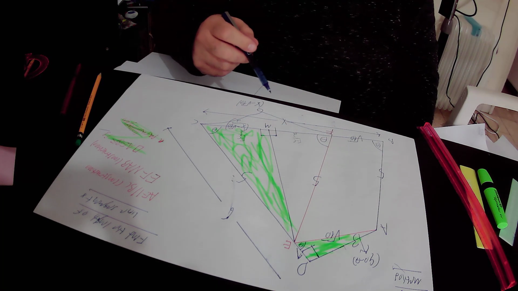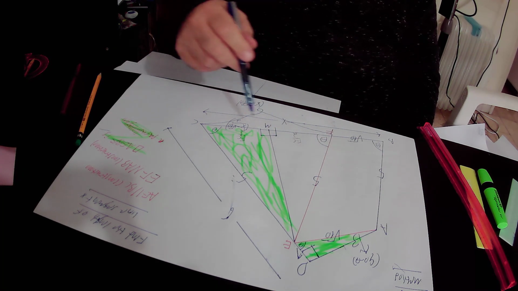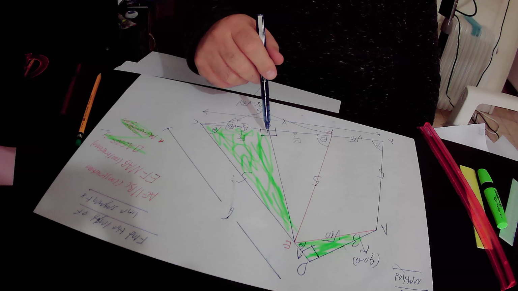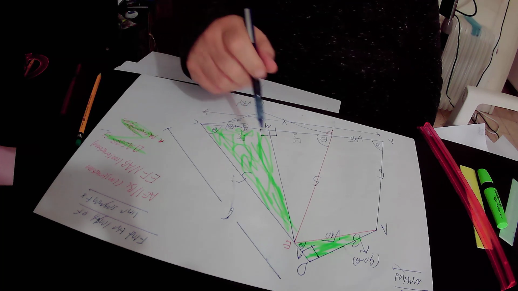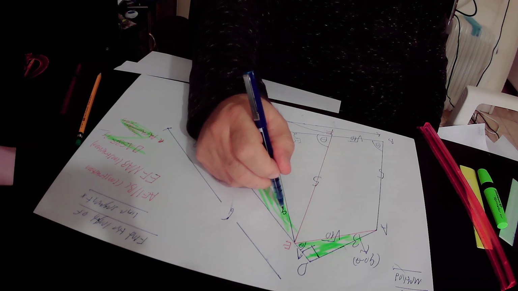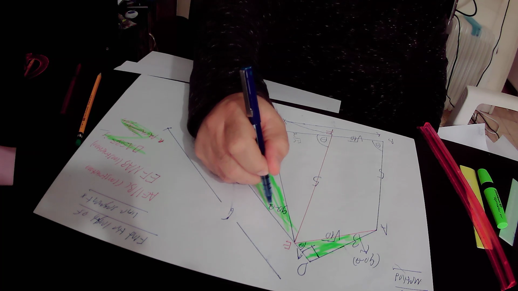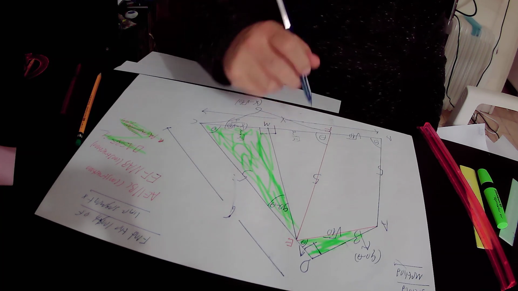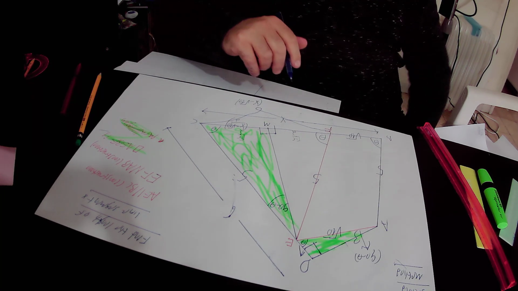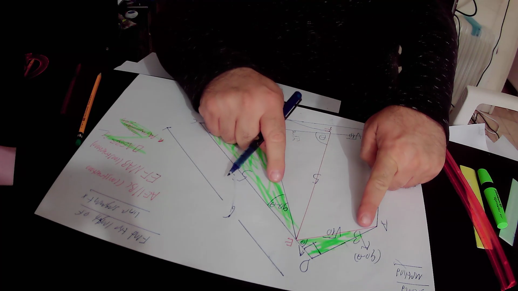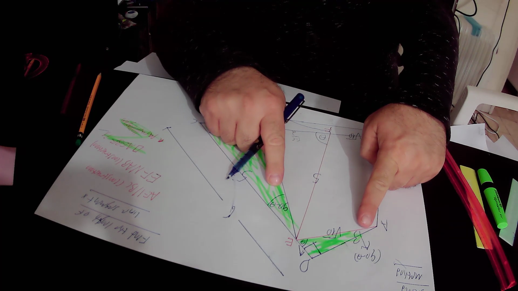For the same reason, in the right triangle EMC, this angle equals 90 degrees, this angle equals theta, so this angle must be equal also to 90 degrees minus theta. Okay, so here those two angles are equal to each other, they are both equal to 90 degrees minus theta.